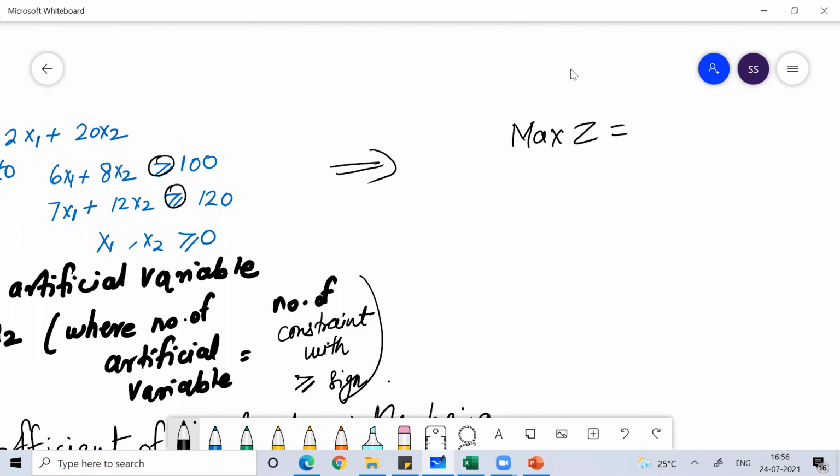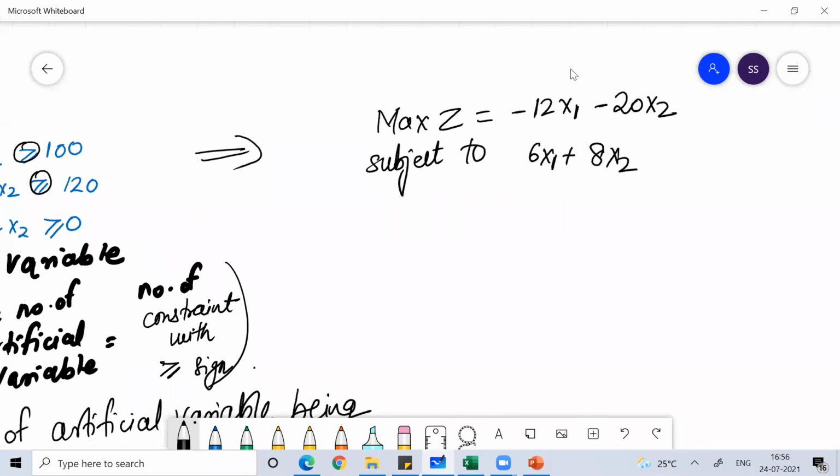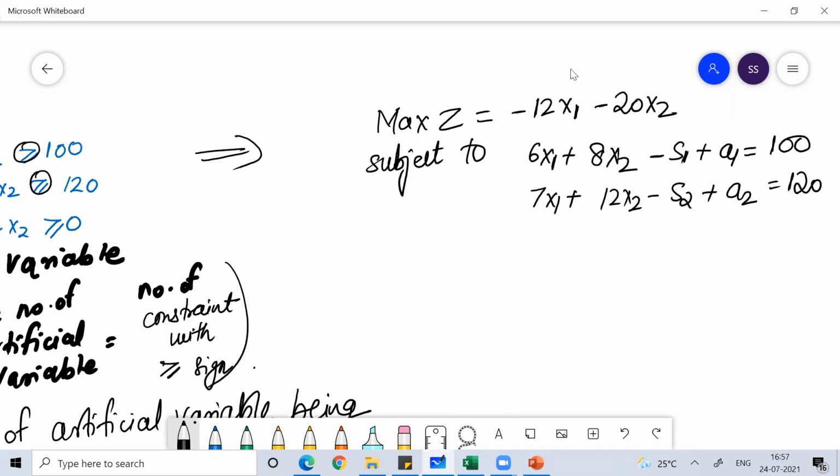I'll change the sign of the objective function: maximize z equals minus 12x1 minus 20x2, subject to 6x1 plus 8x2 minus s1 plus a1 equals 100, and 7x1 plus 12x2 minus s2 plus a2 equals 120, where x1, x2, s1, s2, a1, a2 are greater than or equal to 0.